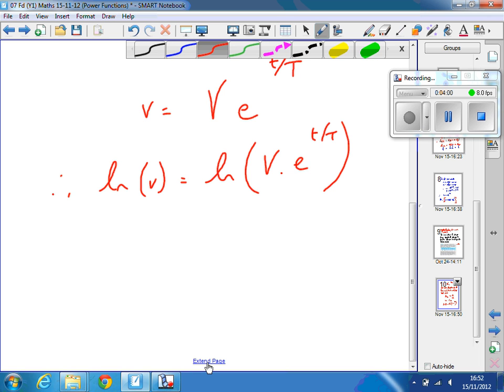The same laws apply for natural logarithms as for any base, so we can turn a multiplication into addition, and we can bring the power down. So ln V equals ln V naught plus t over T times the natural log of e.